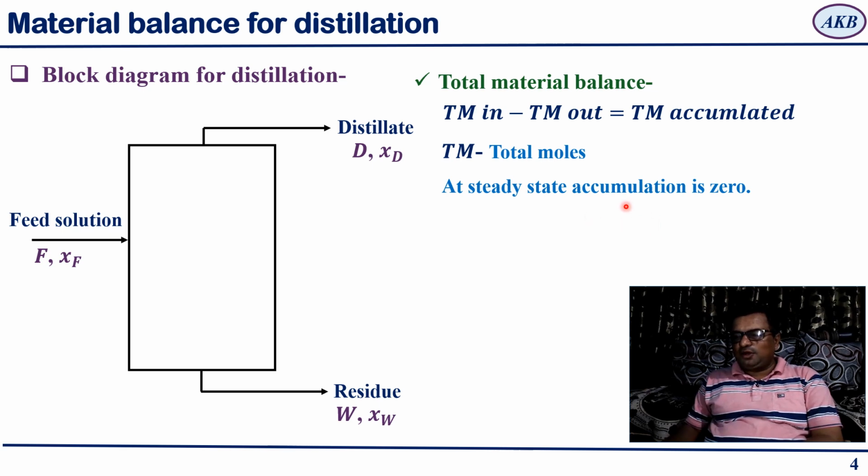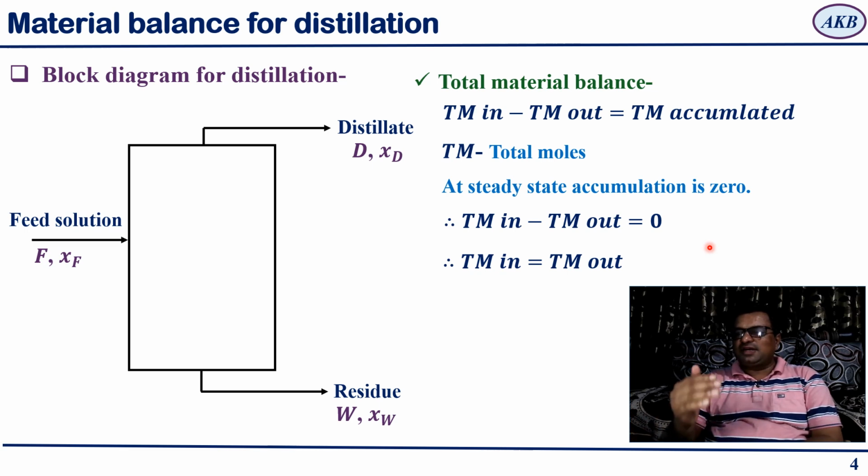That is why accumulation becomes zero. So this equation gets modified to: total moles in minus total moles out is equal to zero. If you rearrange it, total moles in is equal to total moles out.